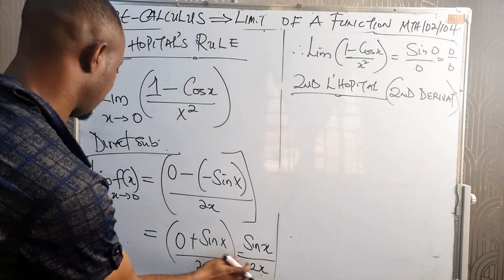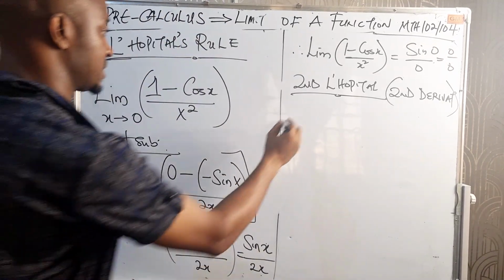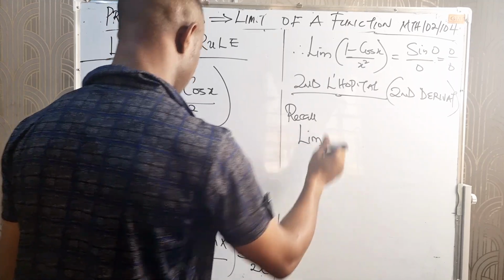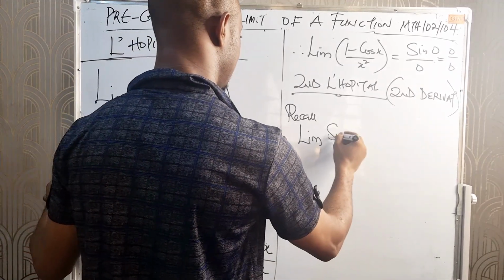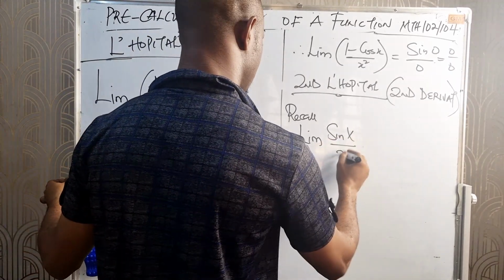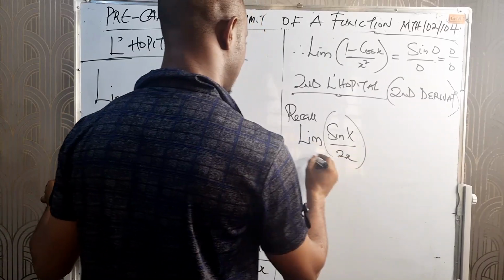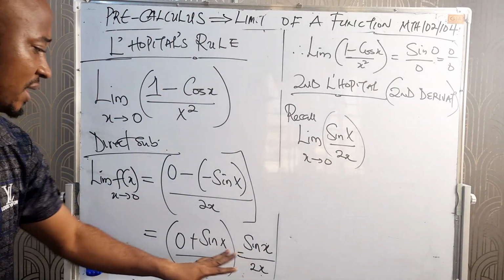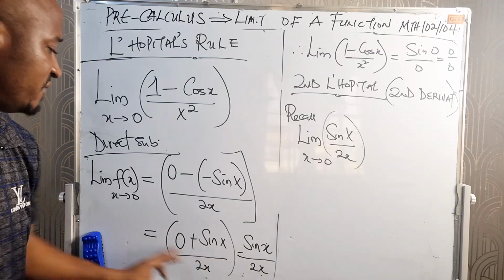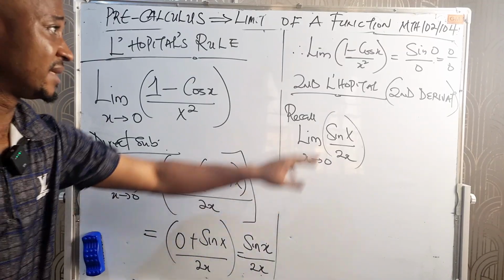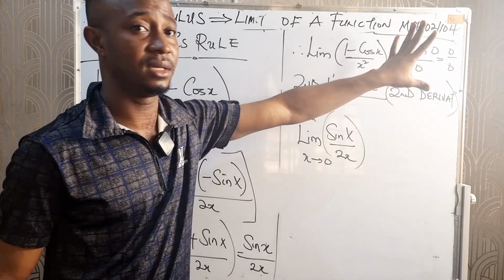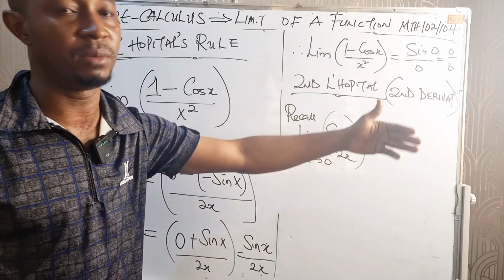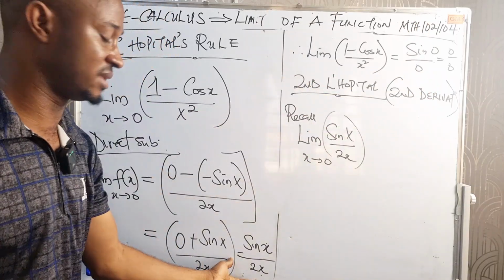It means from here where we stopped, recall the sine x over 2x as x is approaching 0. We're meant to stop here normally after differentiating, but we now put the value of x, and that will give us the indeterminate or undefined function. So what we do is apply a second L'Hopital, meaning I have to differentiate this again.